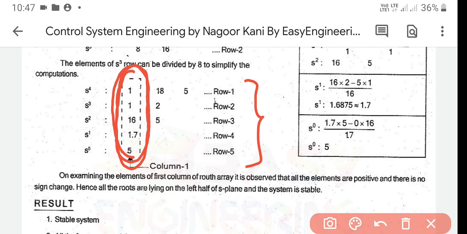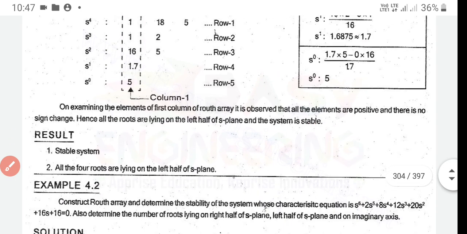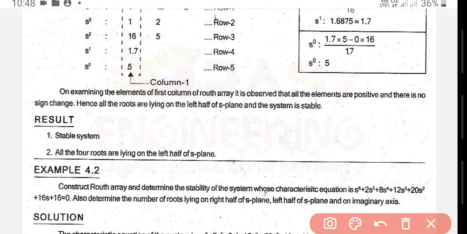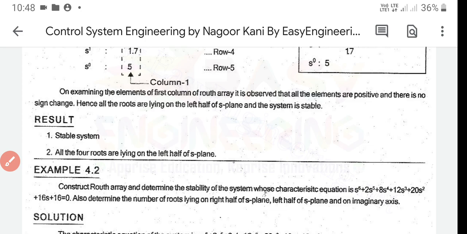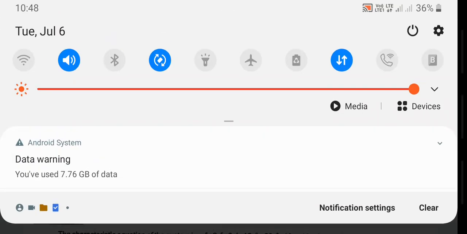There is no sign change, meaning all are positive and nowhere did we get a negative. So you are saying that all the roots are lying on the left hand side of the S plane and the system is a stable system. Finally, you write the result as: it is a stable system and all the four roots are lying on the left hand side of the S plane.